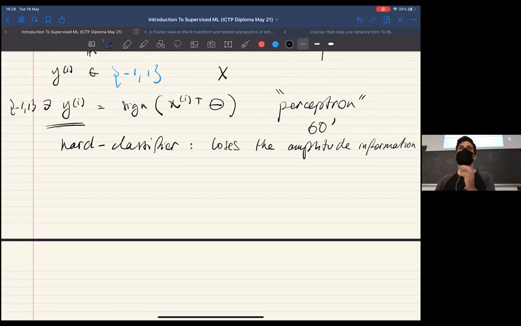So geometrically, what is this perceptron doing? This vector theta here belongs to Rp. P is the number of features, as always. And this vector defines a hyperplane. It's hard to imagine high dimension, but let's say that we are in 2 dimensions.